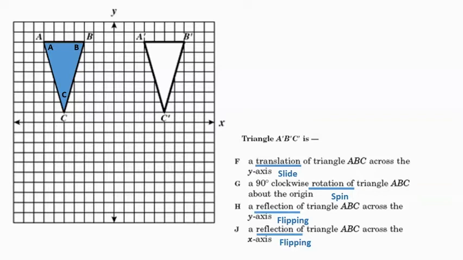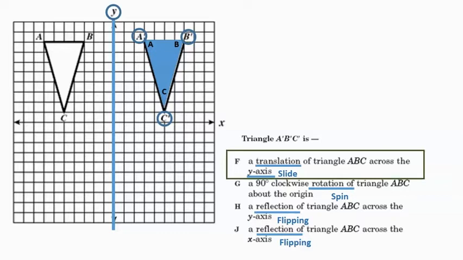I can see that if I just slide it onto the image, it's the exact same thing. A lines up with A, B lines up with B, and C lines up with C. Also, it slid across the y-axis, which matches F perfectly. It was a translation. It slid across the y-axis. F is my solution.